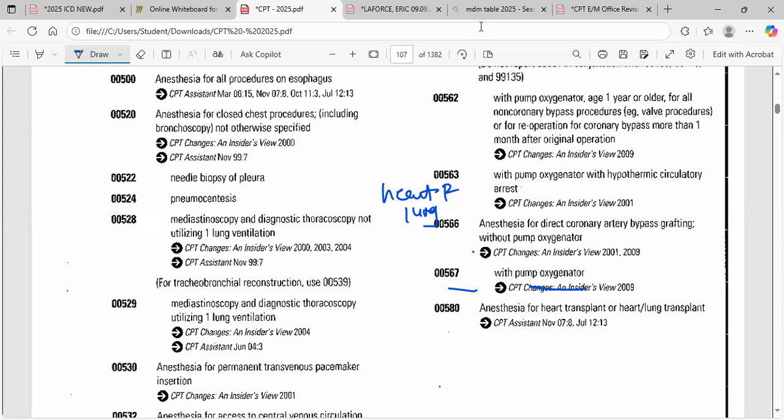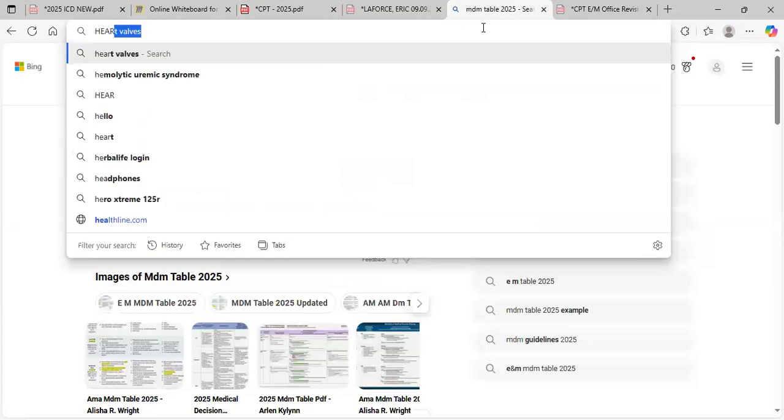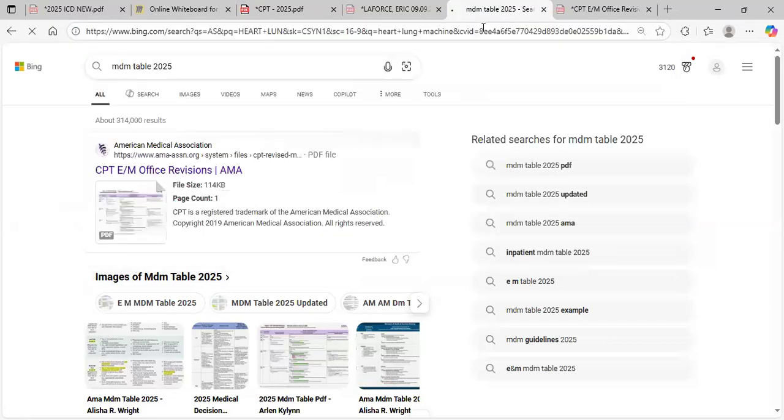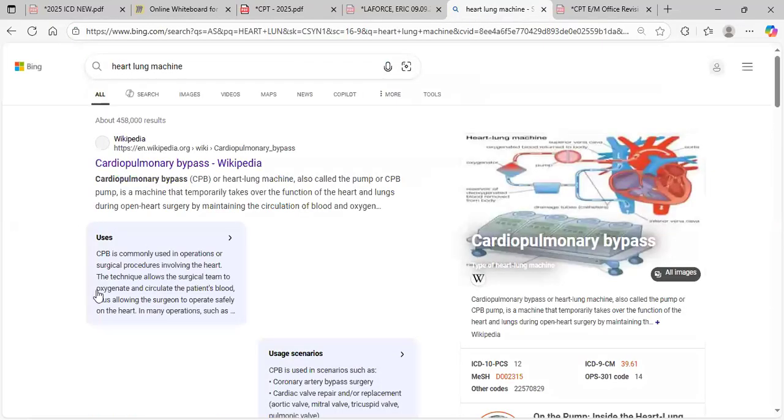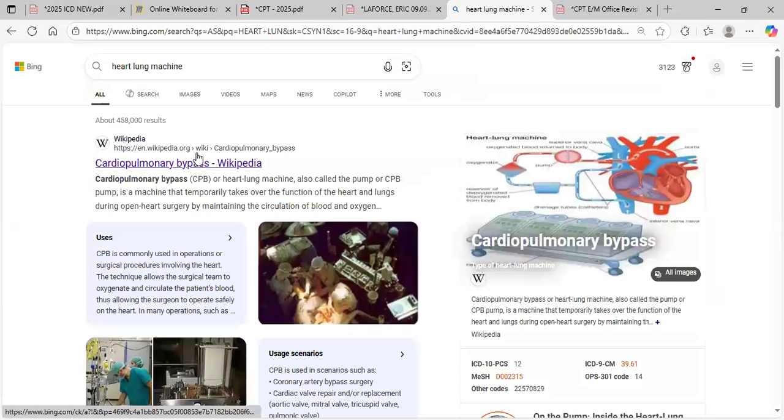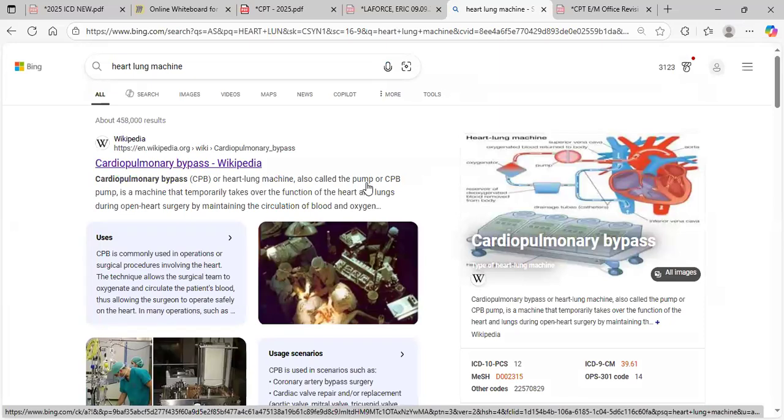If we pull up heart and lung bypass machine, this is cardiopulmonary bypass, also known as pump oxygenator or CPB pump. It is used for open heart surgery so that we can maintain the circulation of oxygen in the blood. So the correct answer should be A. Are you clear why we are going to use option A?